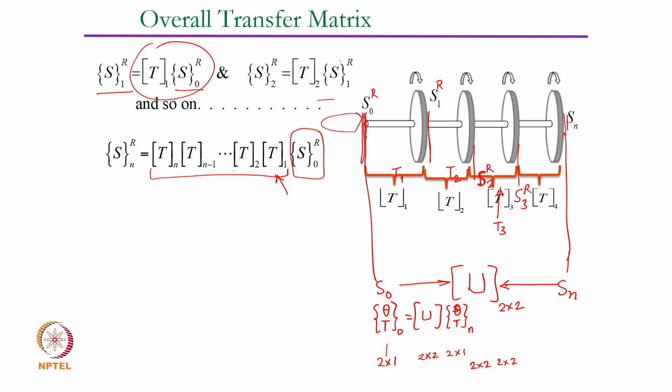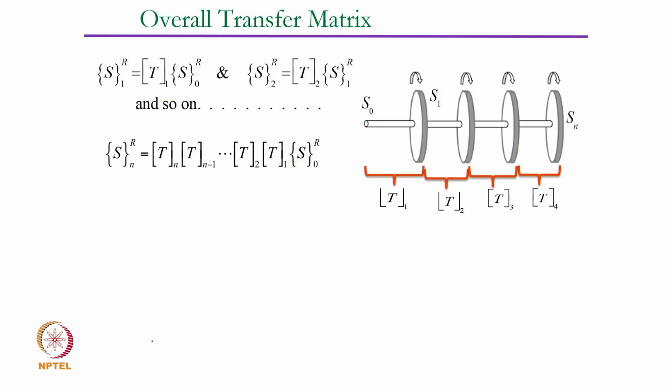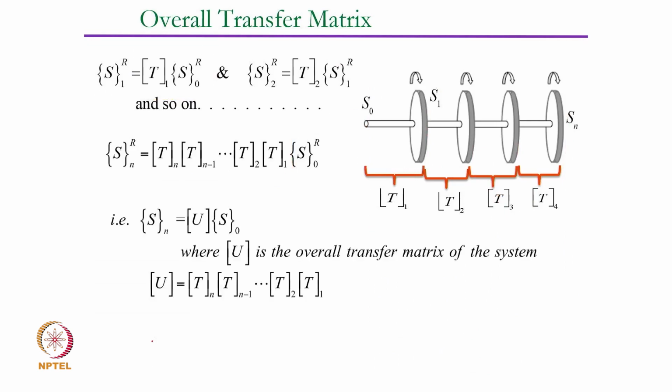Okay. What is the problem here? Okay, we will get back to that problem after we actually show that this overall transfer matrix will be a product of individual transfer matrices. Now you can see that this individual transfer matrix, what are the elements of this individual transfer matrix? It is the torsional stiffness of that segment, and the inertia property, right?